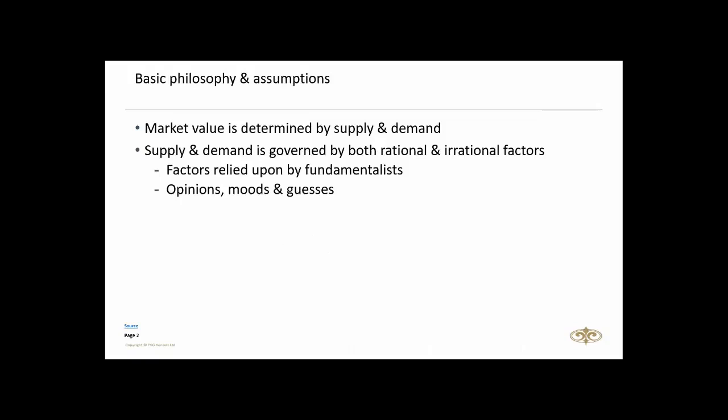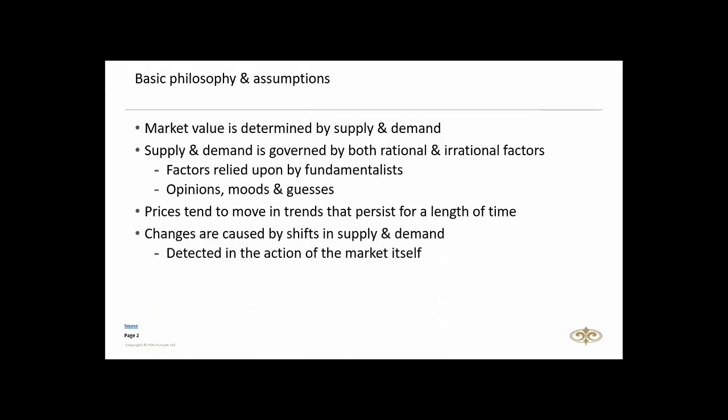So disregarding any minor fluctuations in the market, share prices tend to move in trends that persist for appreciable lengths of time. Now, changes in trends are caused by shifts in supply and demand relationships. These shifts, whatever the reason for their occurrence, can be detected in the action of the market itself. And history tends to repeat itself.